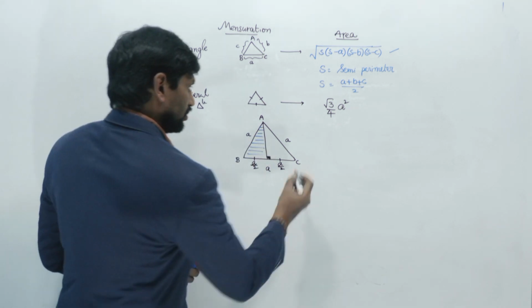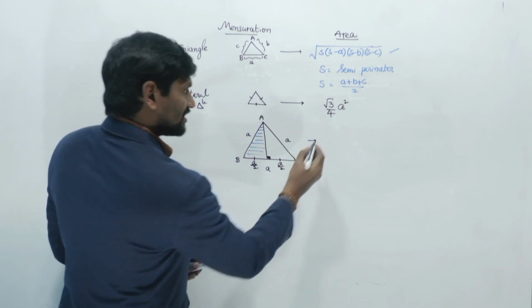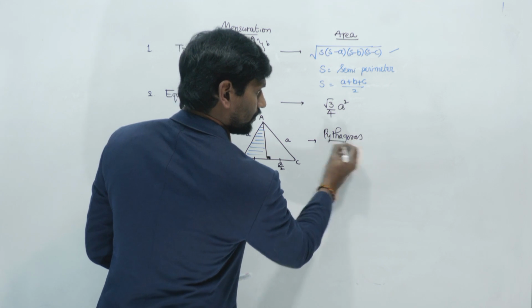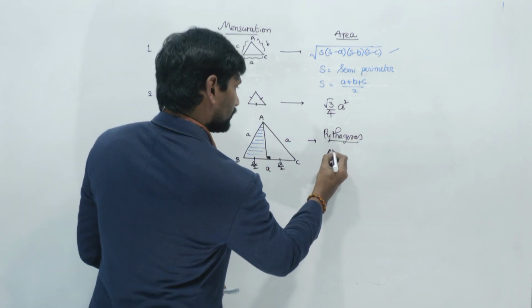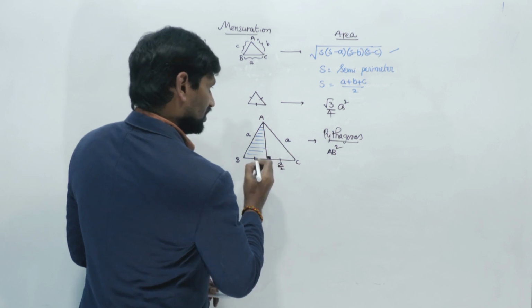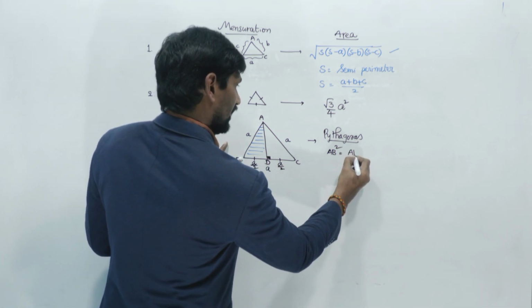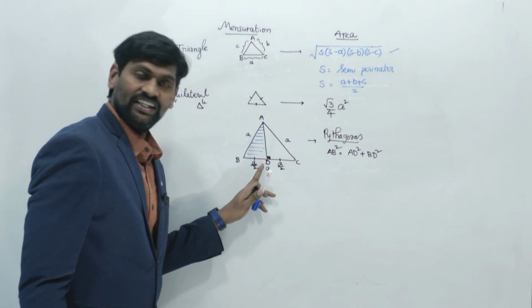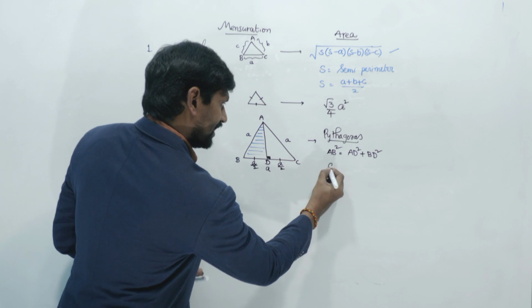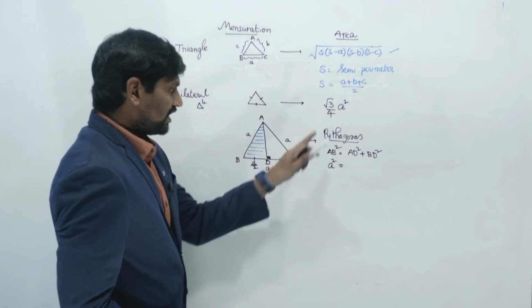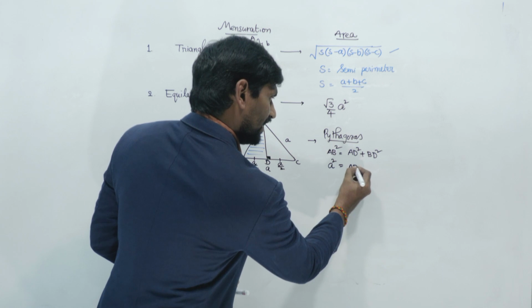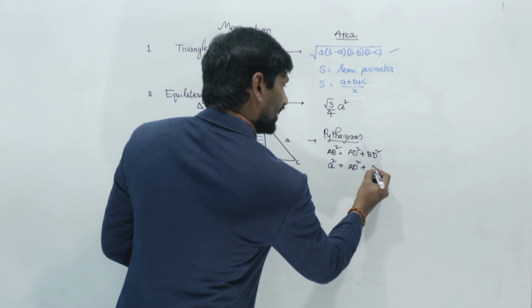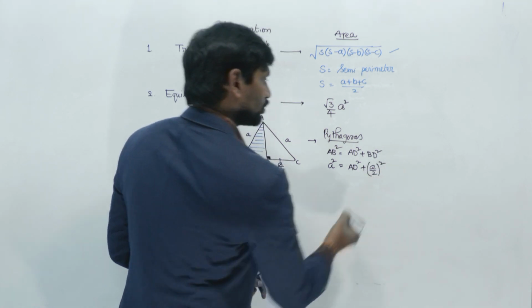From the Pythagoras theorem, hypotenuse square equals AB square equals AD square plus BD square, where I have named the altitude as D. We know AB length is a, so a square. AD length we don't know, so let us try to find it. BD is nothing but half of BC, so we can take a by 2 whole square.